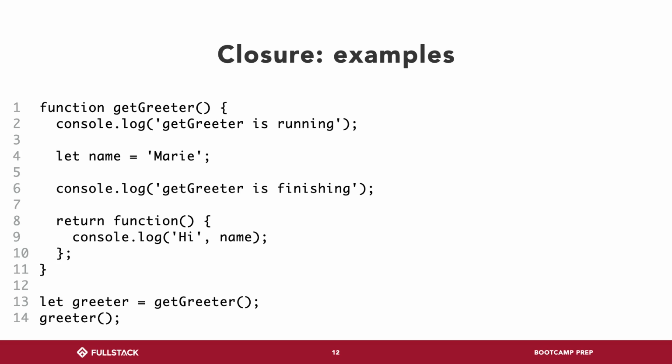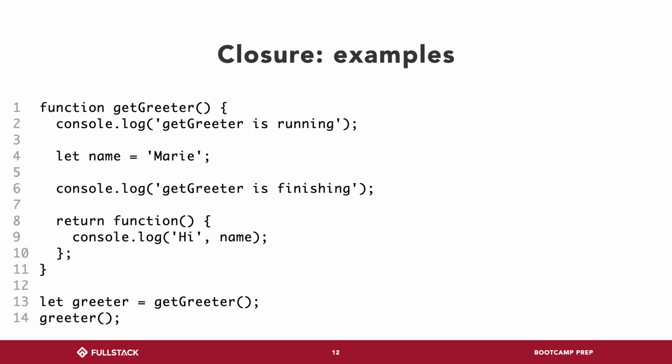In this line, in this entire code block, when is getGreeter actually running? Here, right? GetGreeter is being invoked here, right? Correct? And the return value of this will be set to greeter, right? So, let's see what happens when getGreeter is getting invoked.